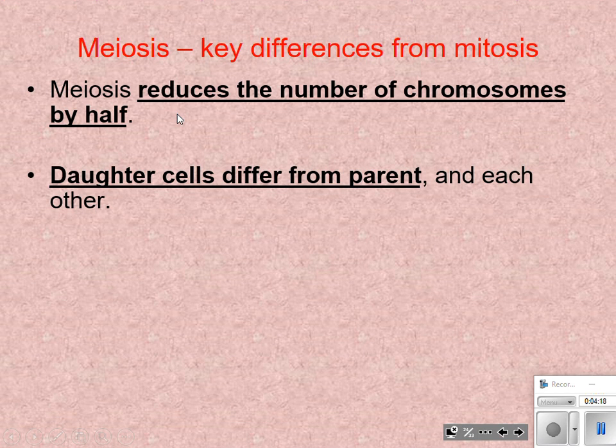Daughter cells differ from the parent and from each other. The daughter cells differ from the parent and each other. I want you to flip back to page 12. I want you to look at those 4 daughter cells that we drew.